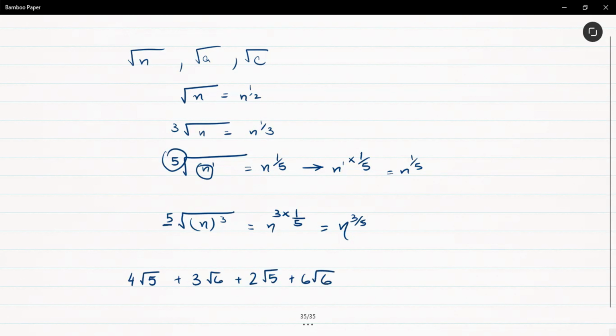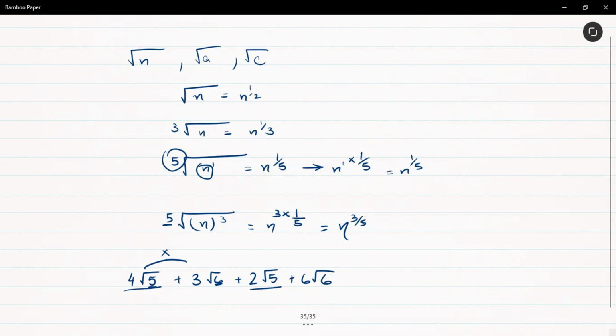Whatever value of the surd is the same inside the surd, we can add them up. For example, 4 under root 5 and 2 under root 5 can be added because the value of the surd is the same. However, we cannot add 4 under root 5 plus 3 under root 6. That would be an incorrect answer.